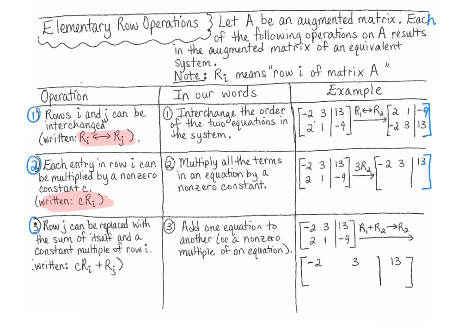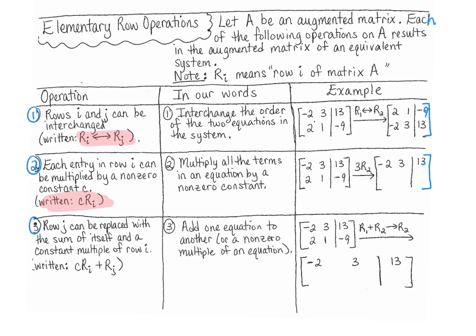The constant in the same row? In the same row. We would take a row, for example, and multiply each entry in that row by that constant. So let's look at an example. In our words, it says multiply all the terms in an equation by a non-zero constant.